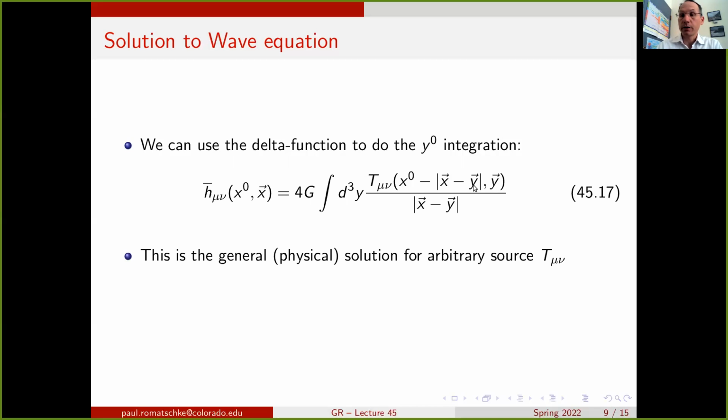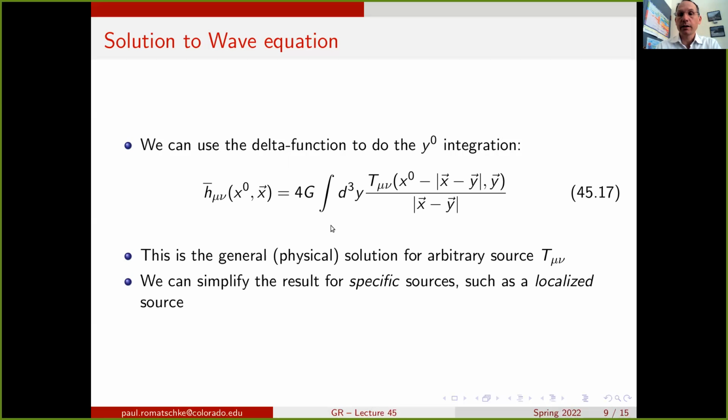This is a general solution for arbitrary source for the strain rate h. However, we can still simplify the results further if we assume specific sources T mu nu, such as in particular localized sources.